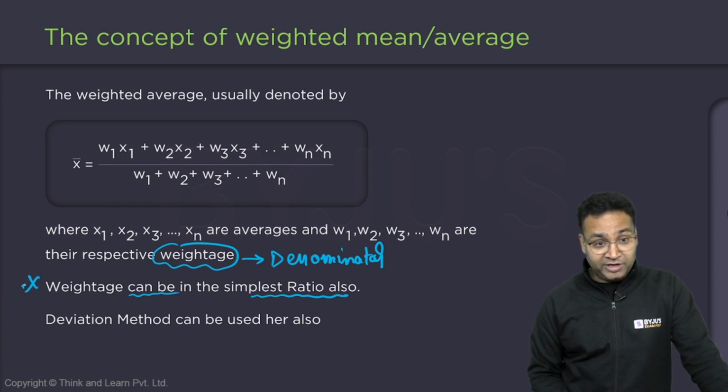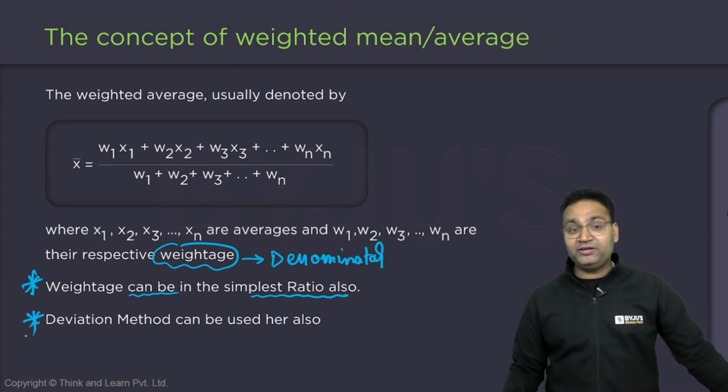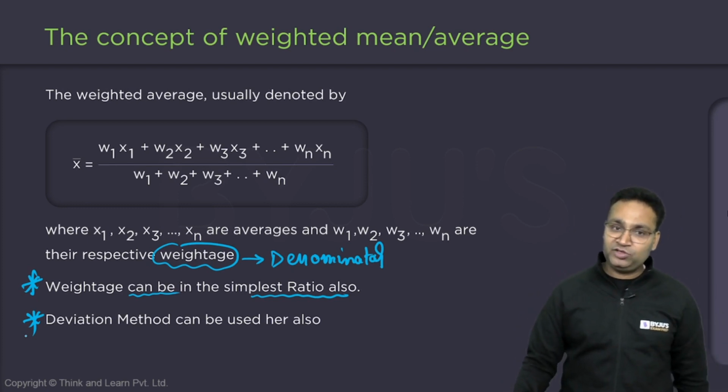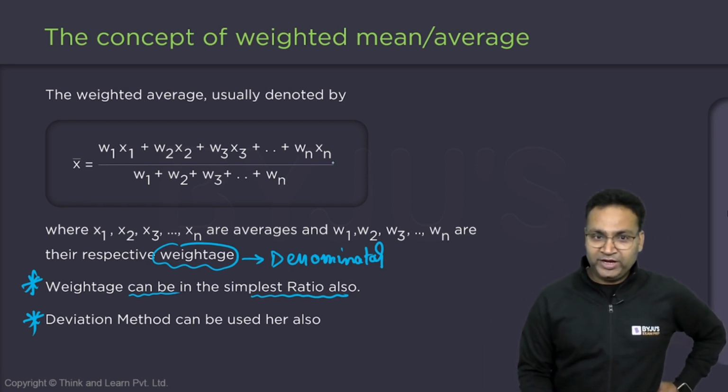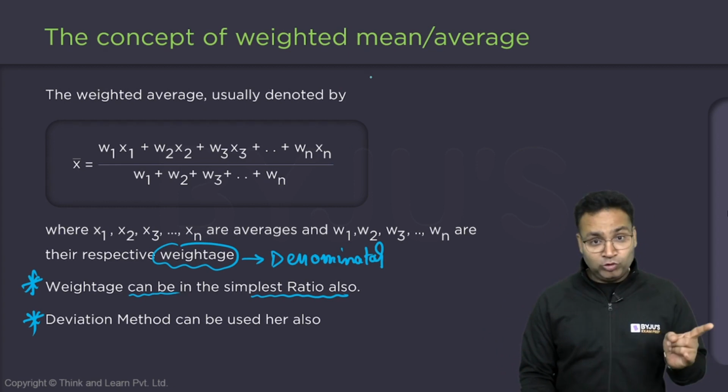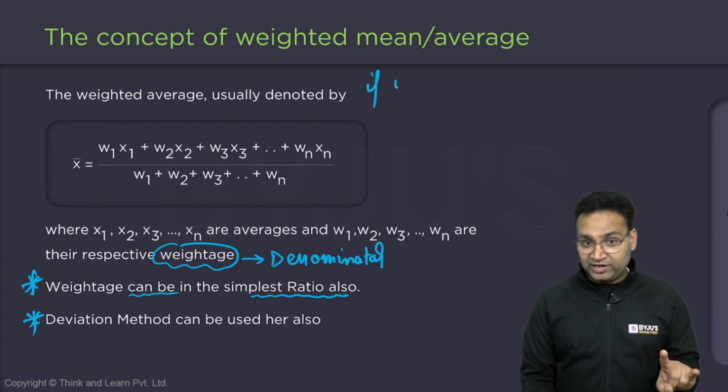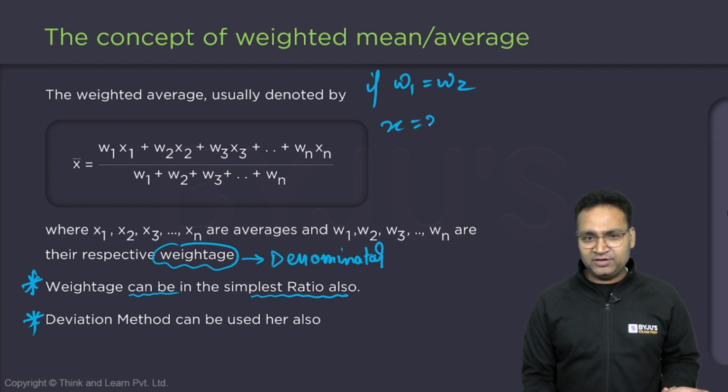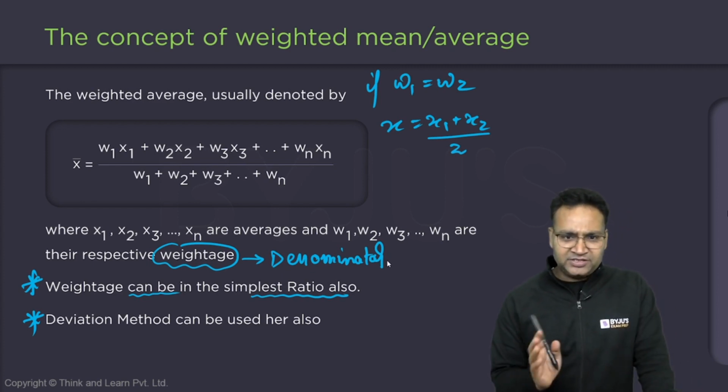The deviation method can also be used. I already told you, if all weights are equal, if W1 is equal to W2, then the final average is simply x1 plus x2 divided by 2. I hope it is pretty obvious and straightforward.